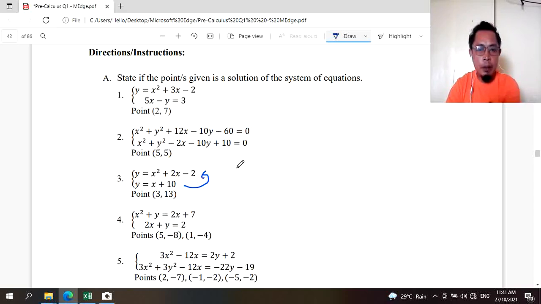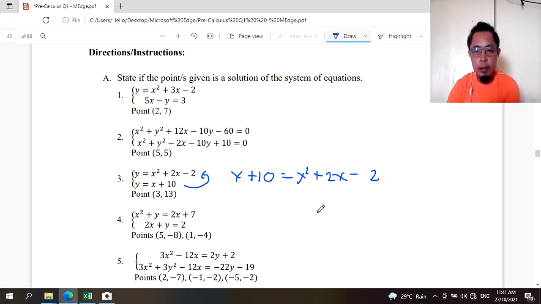That gives us x plus 10, which is the value of y, equals x squared plus 2x minus 2.